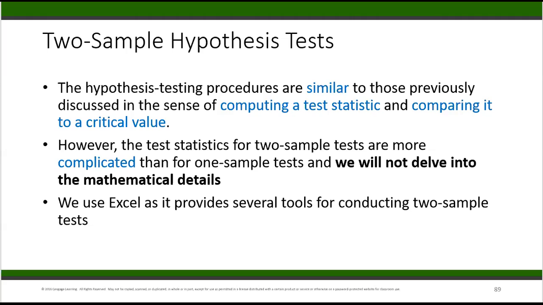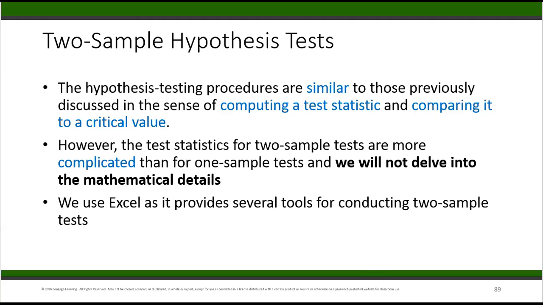If you're doing a test for population mean, the test statistic is different from when you're doing a test for population proportion, and so on. When you are doing a two-sample hypothesis test, the test statistics are getting more and more complicated. Because of that, we're not even going to see the formulas. We're just going to use Excel in this course to conduct two-sample hypothesis tests, right?